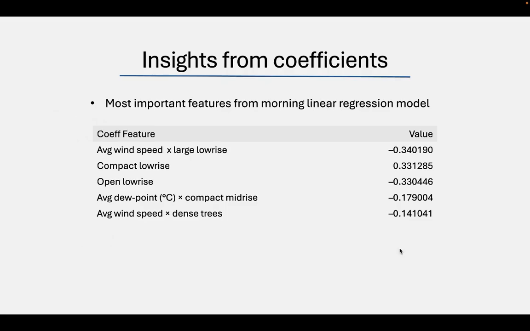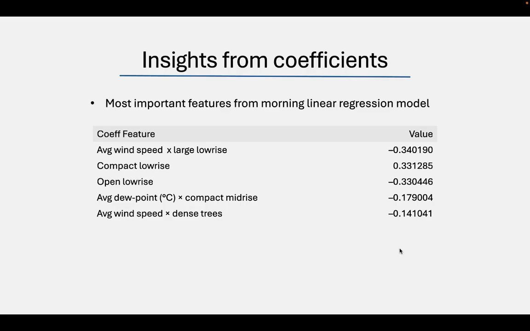Looking more deeply at the interaction terms for ERA5 and land cover variables, we wanted to highlight the most important features from the linear regression model in the morning. Looking at this table, we can see that average wind speed is leading to decreased temperatures in a city.